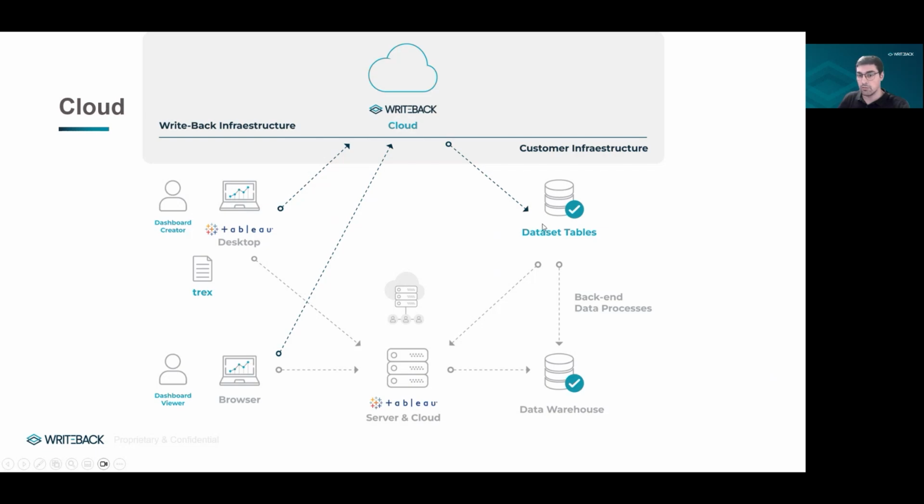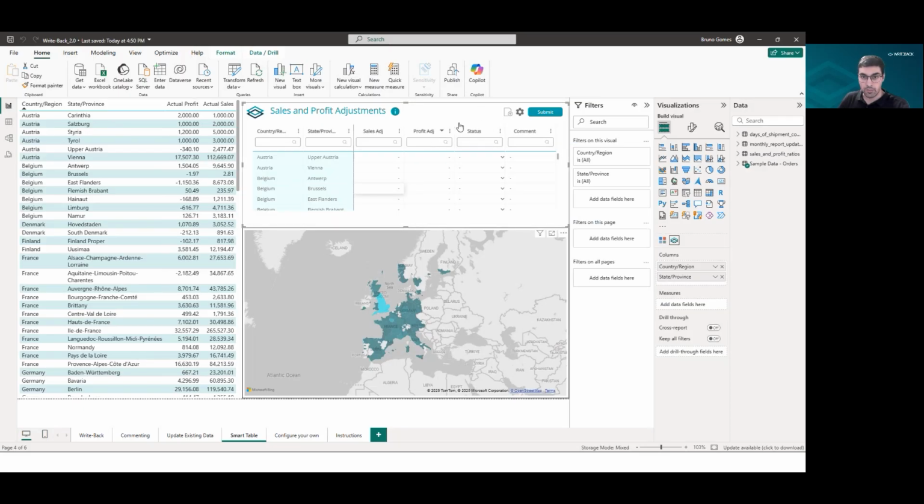Well, separate in the sense that it's going to be a separate table at least. So write-back never writes to the source data. It's going to create a new table. So when you set it up on the form, on the report, you're going to create a new table effectively in your database that will be used to store the write-back entries.